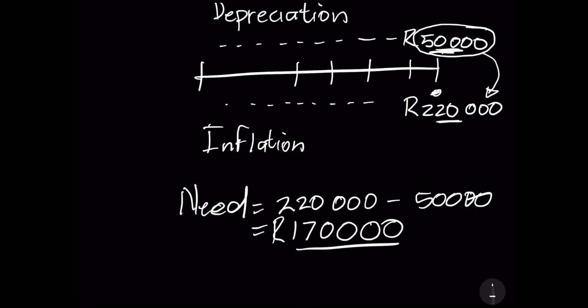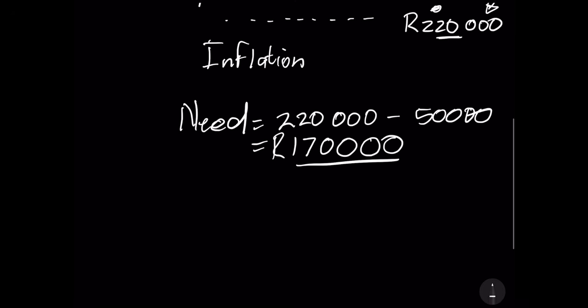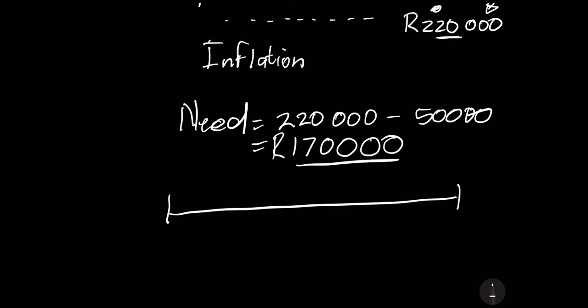Now, of course, they can go and borrow 170,000, or they can be smart about it. They can say, look, we can set up a savings account, and in that savings account we can contribute money on a monthly basis such that by the end of that 5 years, it would have accumulated to the amount that we need.